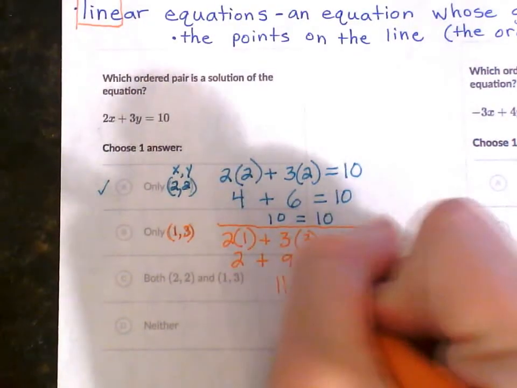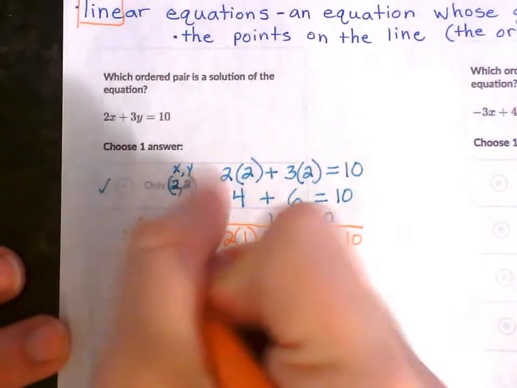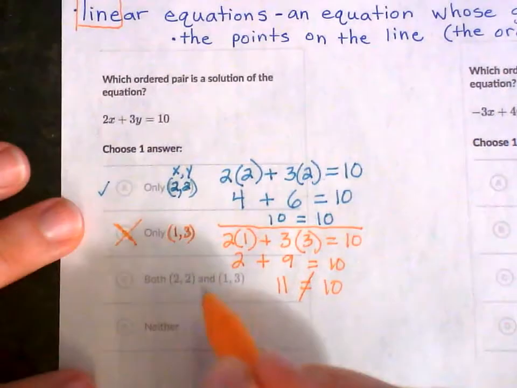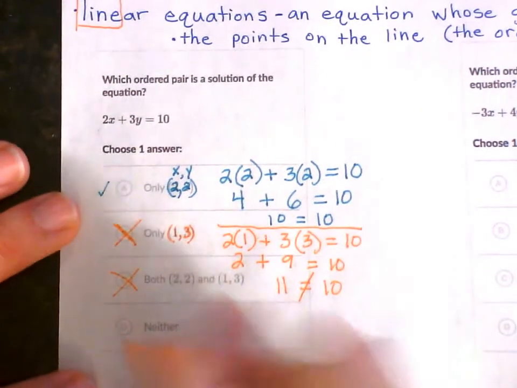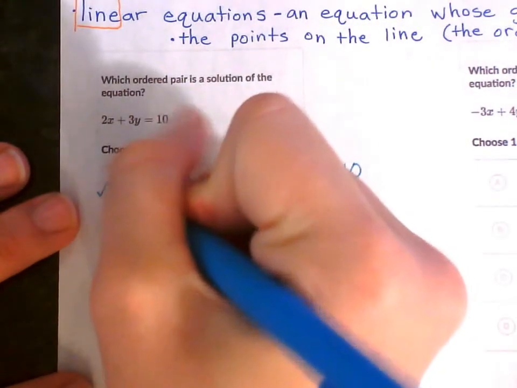Does 11 equal 10? No. So 1, 3 is not a solution of the equation. So not both, not neither, it's A. It's 2, 2.